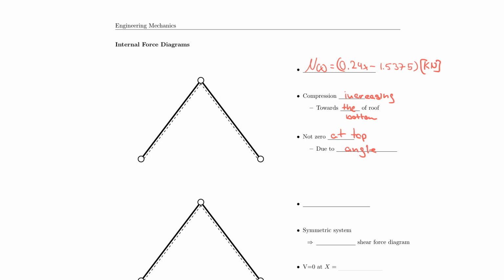But I can now draw the normal force diagram just like I drew it before. The concept is the same, and if you don't know, you just plug in your values, but you know this from the self-weight case that it must be linear, it must be increasing towards the bottom. So it looks like this. And while I'm at it, I will do the very same for the other side. 90-degree angles, of course, for those lines.